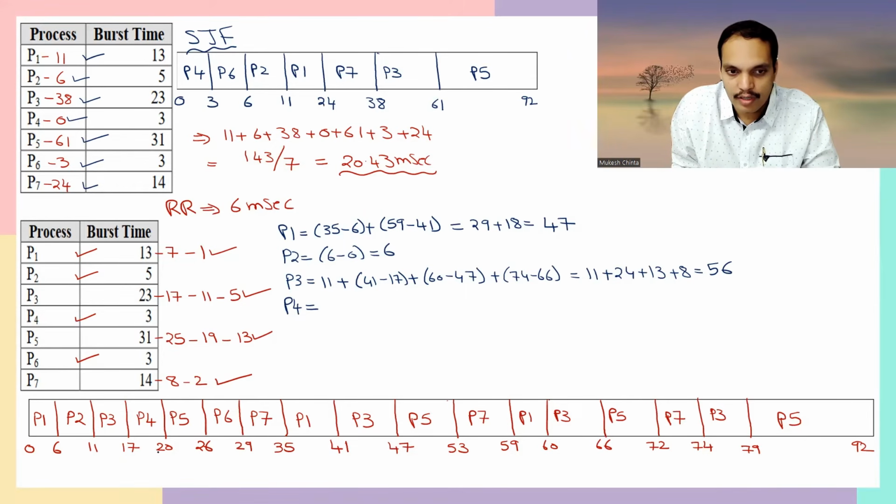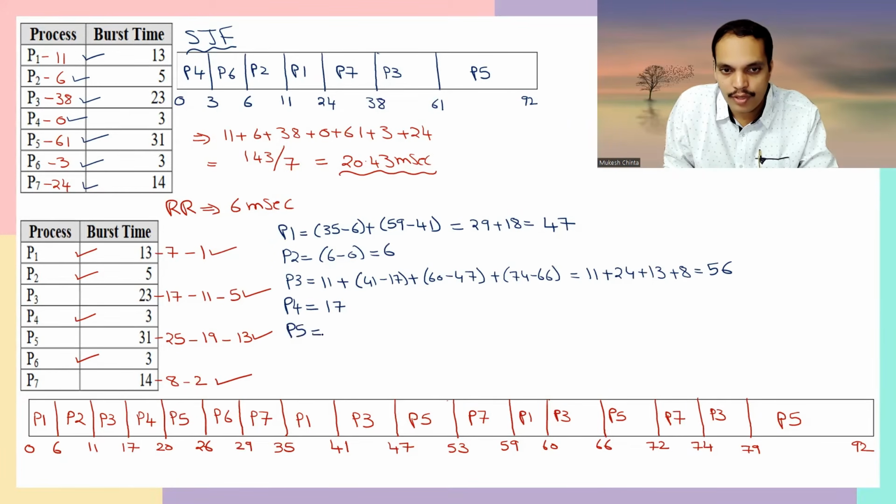What about P4? P4 came at 17, exited at 20. That's it. It has executed only once and did not wait for any other time. So P4 is equal to 17. For P5, it first came into the CPU at 20, plus it exited at 26, and entered the CPU at 47. So 47 minus 26, plus, once again it went out at 53 and 66.